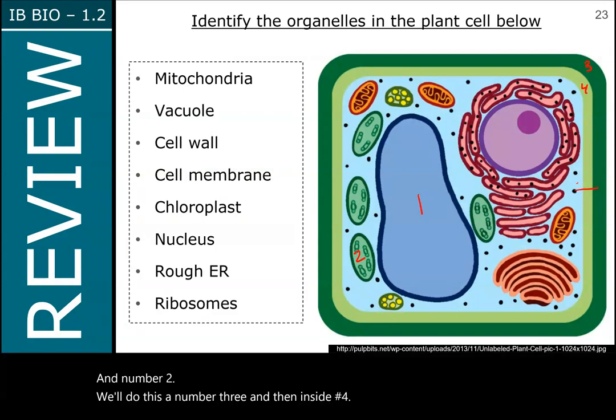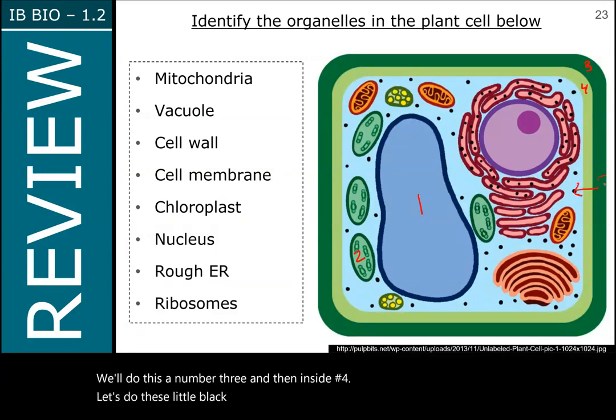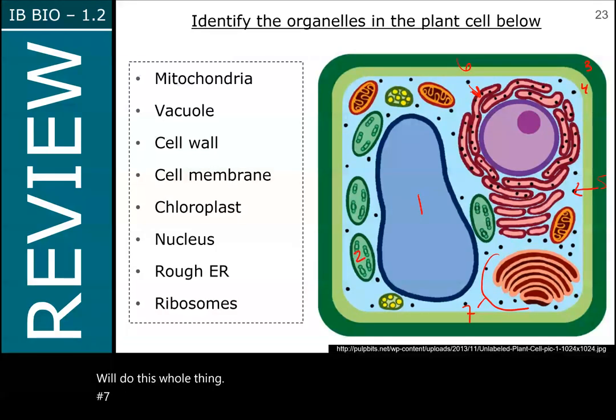Let's do these little black things number 5. We'll do this thing number 6. We'll do this whole thing number 7. Yeah, I think we'll leave it at that. Hopefully you can identify those.